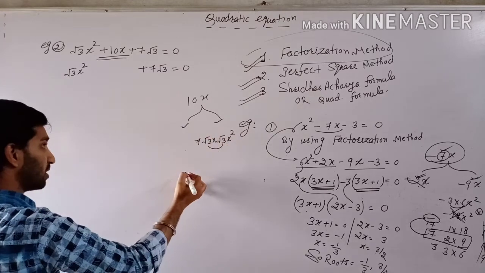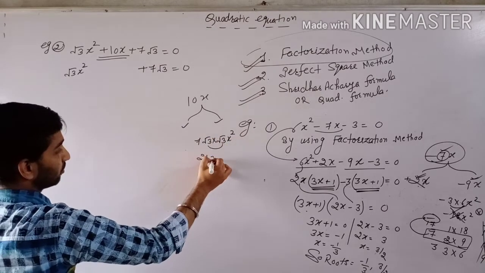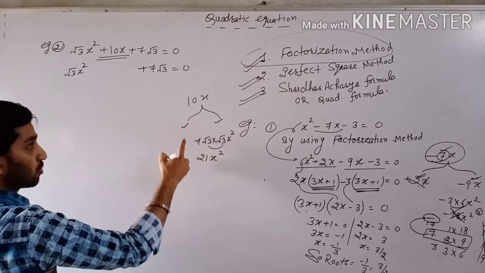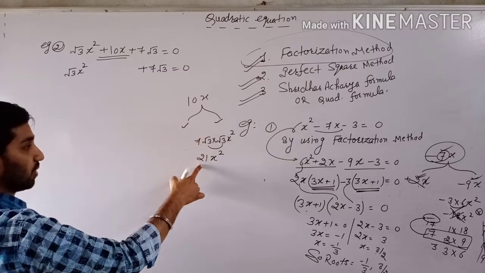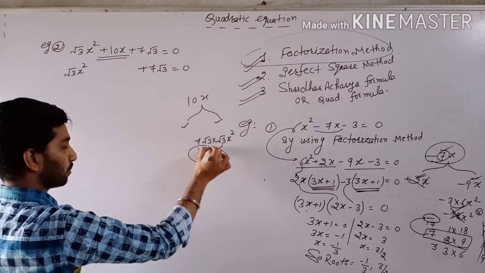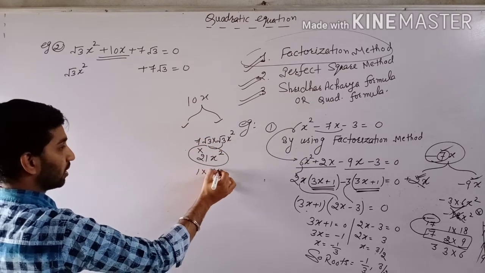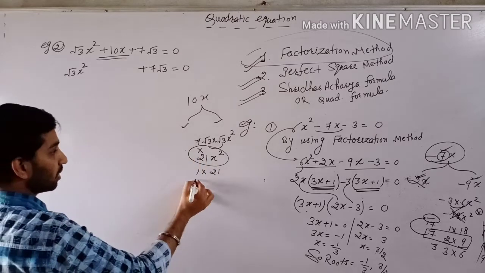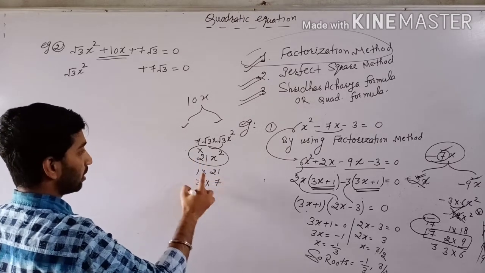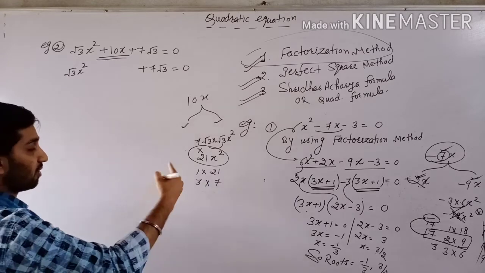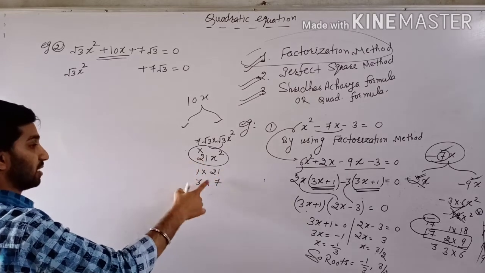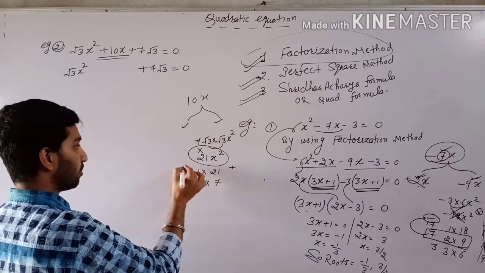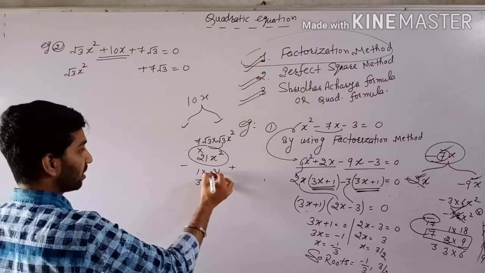Root 3 multiplied by root 3 is 3, 3 times 7 is 21 x square. So we have to find two numbers whose sum is 10x and whose product is 21. In the 1 table 21, in the 2 table 21 does not come, in the 3 table 7, in the 4 table 21 does not come, in the 5 table not, in the 6 table not, in the 7 table 7 times 3 it is repeated, so one side positive and one side negative.